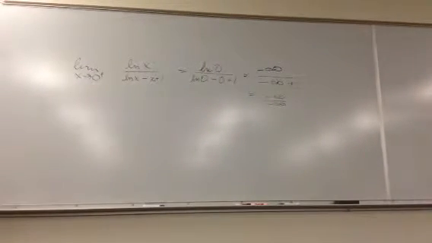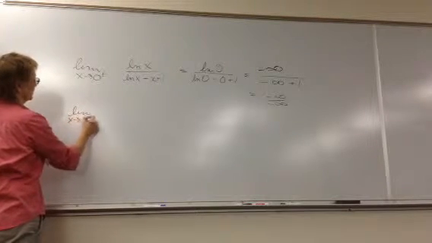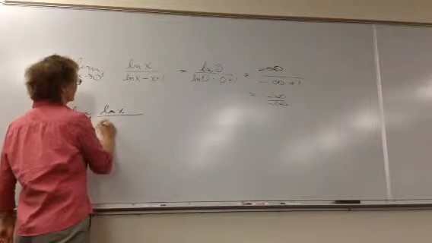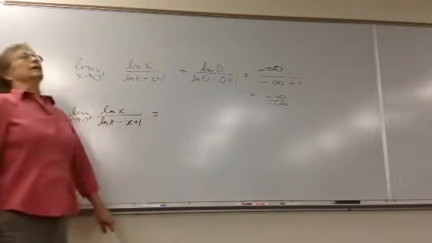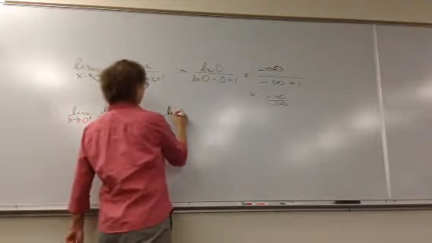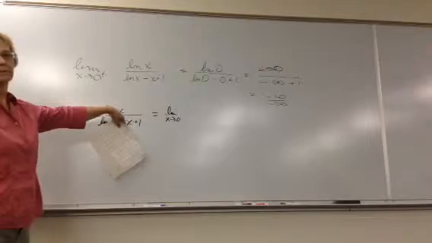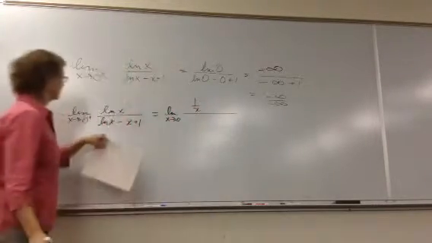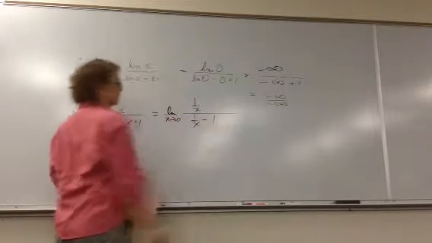So we can use L'Hopital's rule. So let's see what we get. We'll say the limit as x approaches 0 from the positive side of the natural log of x over the natural log of x minus x plus 1 equals the limit as x approaches 0 of 1 over x over 1 over x minus 1.